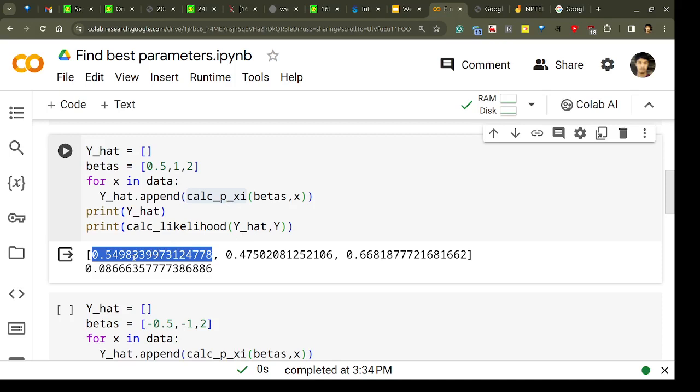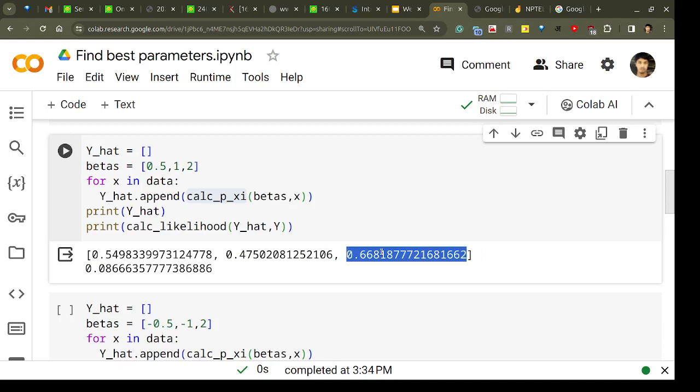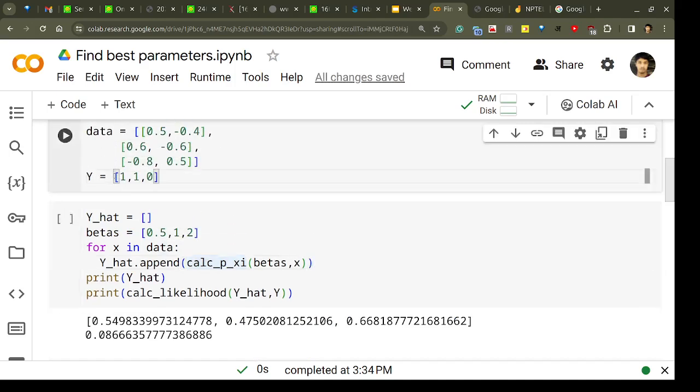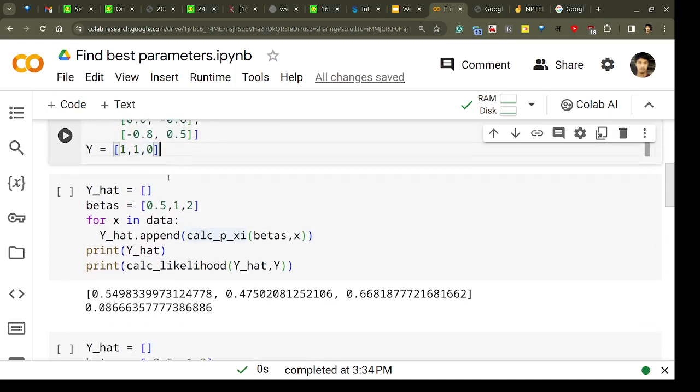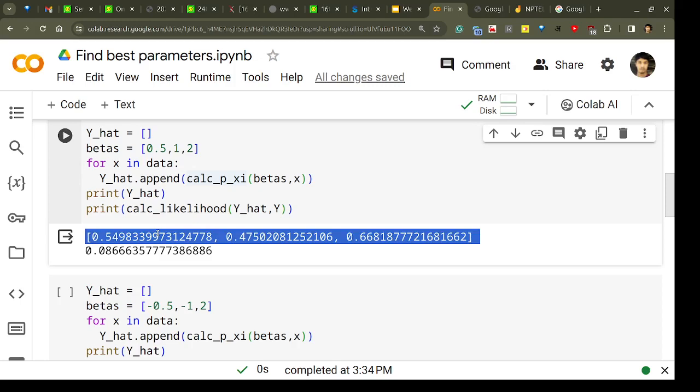For the first data point it is this, for the second data point it is this, and for the third data point it is this. So we have got the p of xi value, and we also have the y value, right. The y value is already given in the data, and from the model we are getting this value.